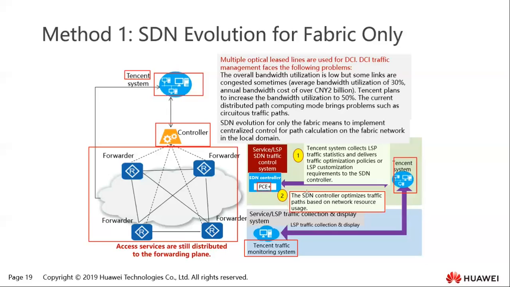So that is how the SDN is able to calculate. So this is one way in which you can deploy SDN. SDN evolution for only the fabric means to implement centralized control for path calculation on the fabric network in the local domain.